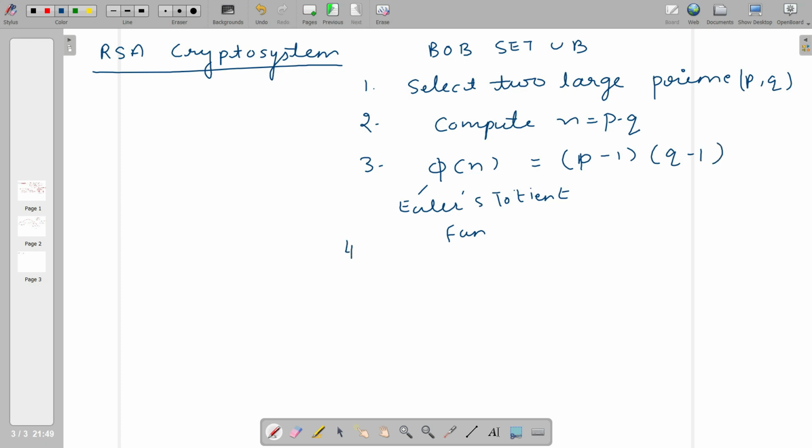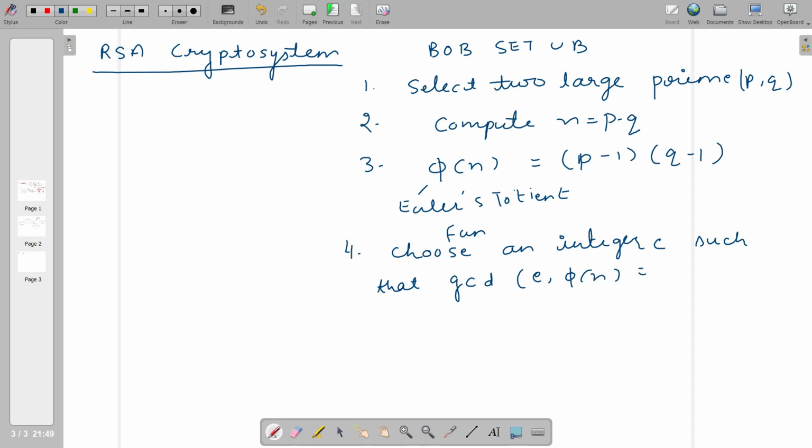Now the next step, choose an integer E such that the GCD, greatest common divisor, of E comma phi N should be equal to 1. Or you can say that E and phi N should be relatively prime.